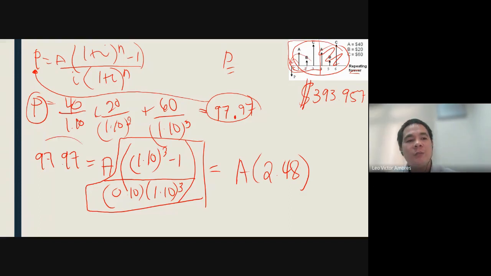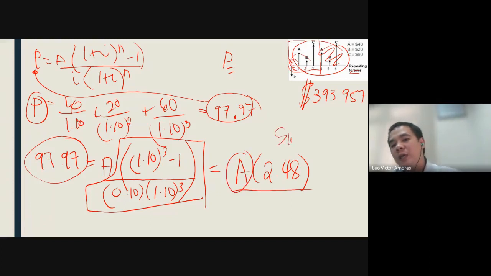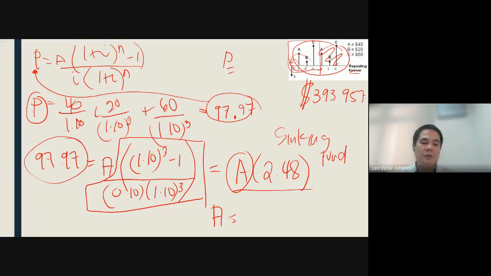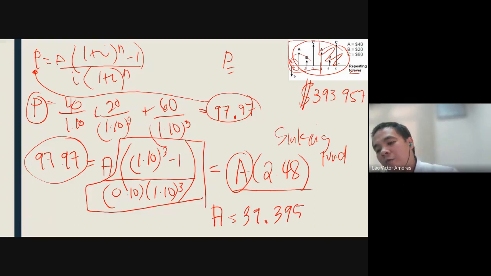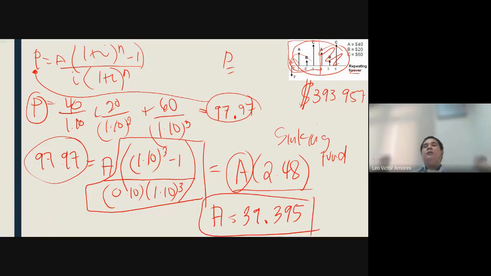So mao ni imong capital recovery factor. So kung both pasabot, your A would be the 97.97 divided by 2.48. That is 39.395. Okay. Sakto dili.